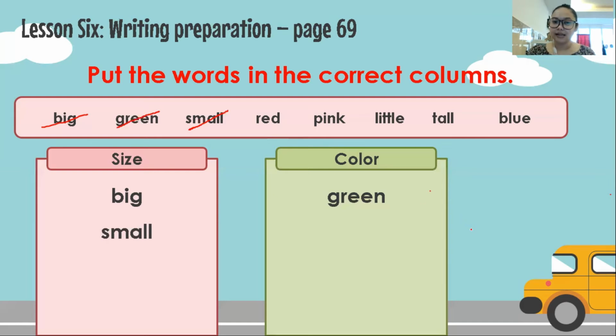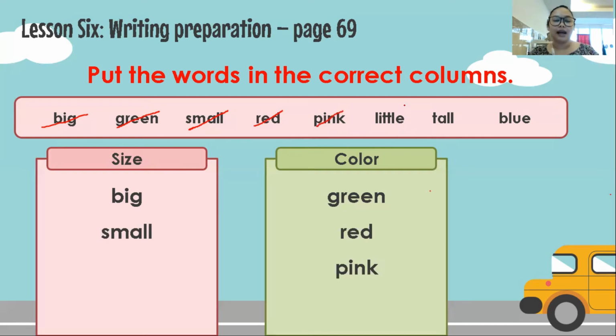It's a? Yes, it's a color. Write it in color. How about pink? Is it a size or a color? Yes, it's a color. So write it in the color box.